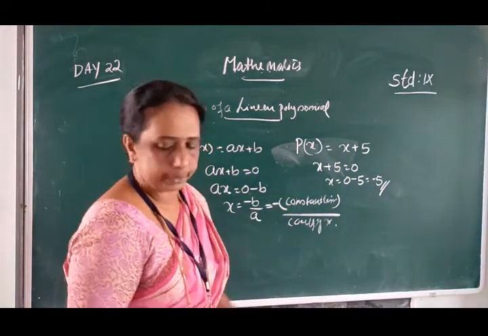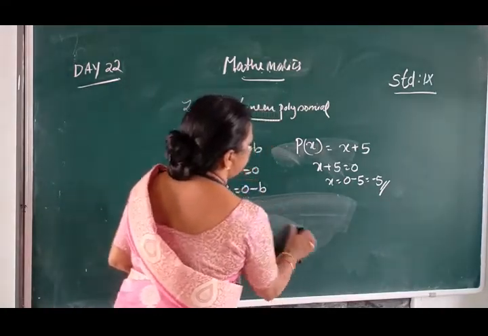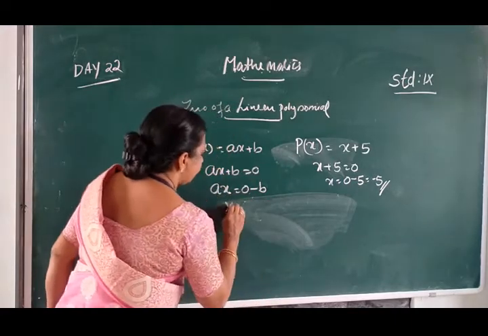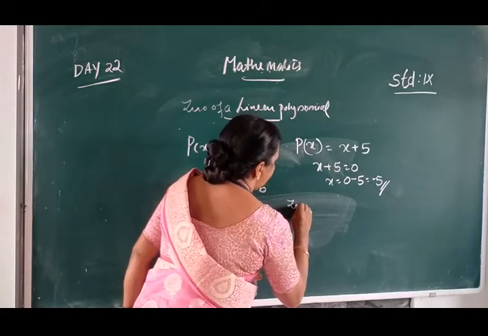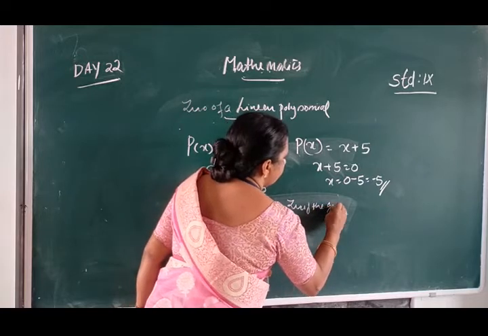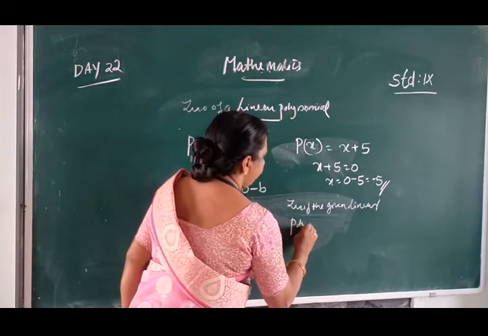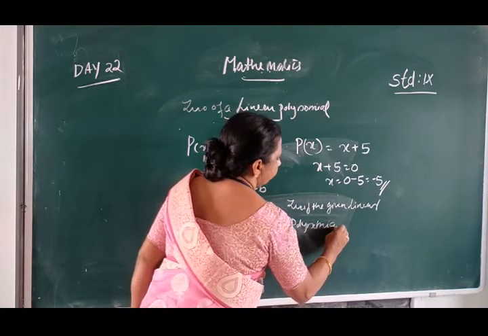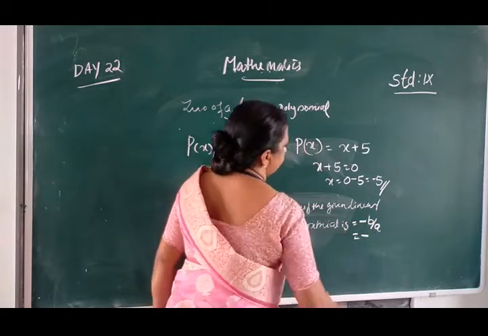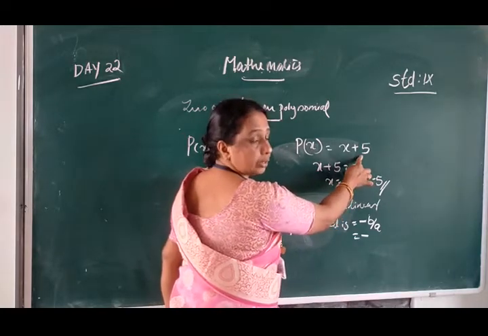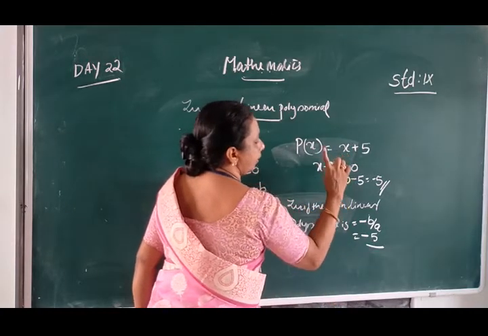Or we can find it using the formula minus b by a, that is x is equal to minus b by a. The zero of the given linear polynomial is minus b by a, that is equal to minus of b, the constant, here the constant is 5, by a, the coefficient of x, here 1.